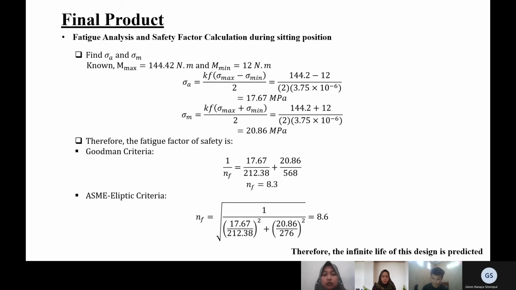For the Goodman criteria, we get the fatigue factor of safety is equal to 8.3, and for the ASME elliptic criteria, we get 8.6. Therefore, the infinite life of this design is predicted.